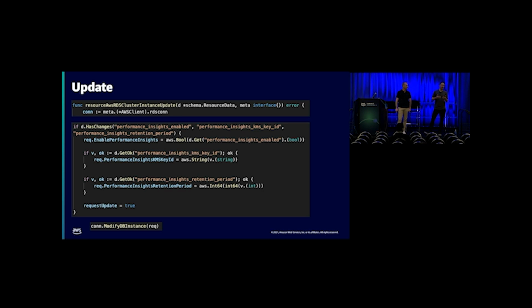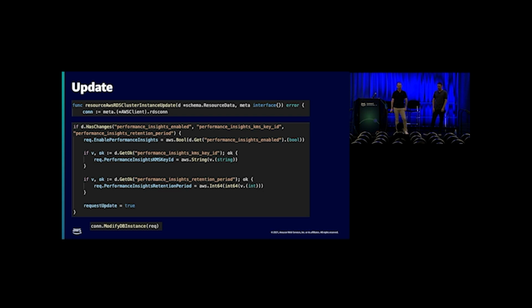And the update function has logic inside it to account for any changes to parameters that can be modified. Tyler mentioned that a parameter has force new. If it has force new, that means it can't take an update and you have to recreate the whole resource. The update function is the latter case, where you can take an update and modify that parameter on a resource.